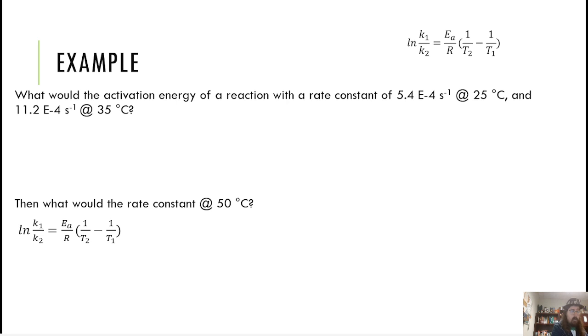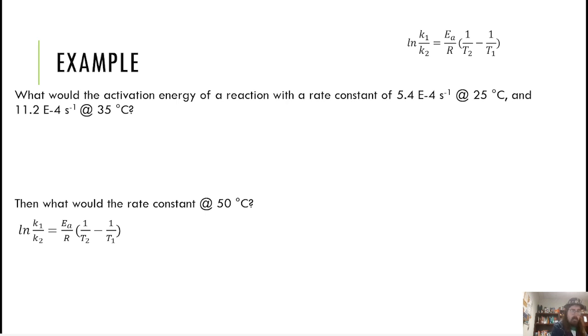For a reaction where the rate constant K1 is 5.4 times 10 to the negative fourth at a T1 of 25, and had a K2 of 1.12 times 10 to the negative third, essentially, at T2 of 35.